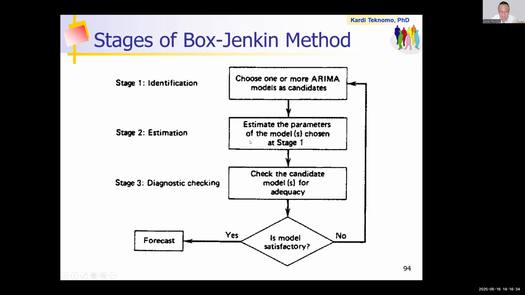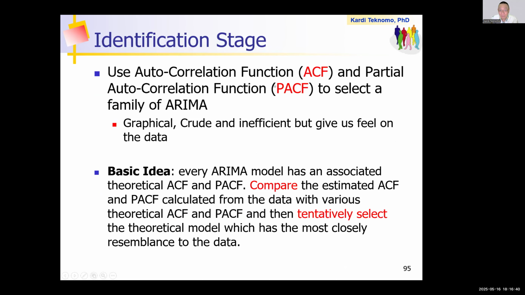Nowadays, I think there is a lot of software you can use to do this ARIMA model, based on the autocorrelation and partial autocorrelation function. The basic idea is that the data assumes there is a certain correlation within the same data.